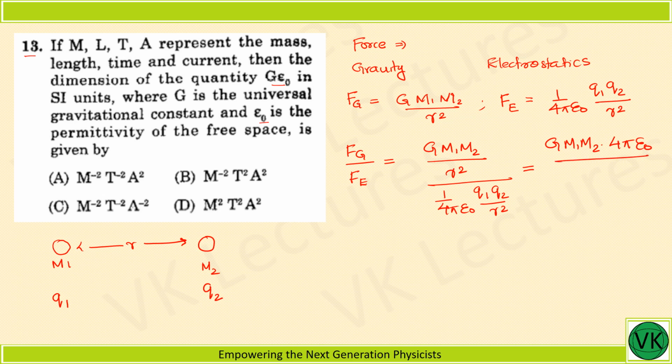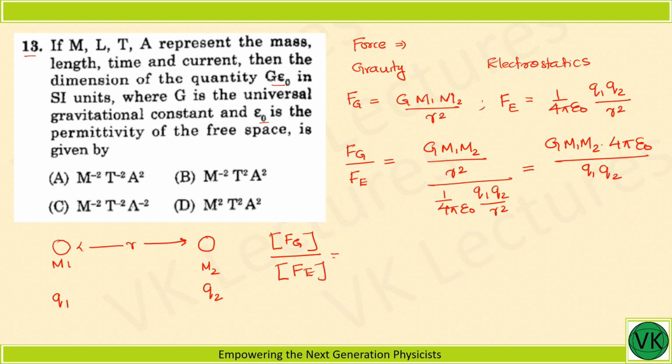This is equal to G m1 m2 times 4 pi epsilon naught divided by q1 q2, as r squared and r squared cancel out. Now let us write down the dimension of Fg divided by dimension of Fe.